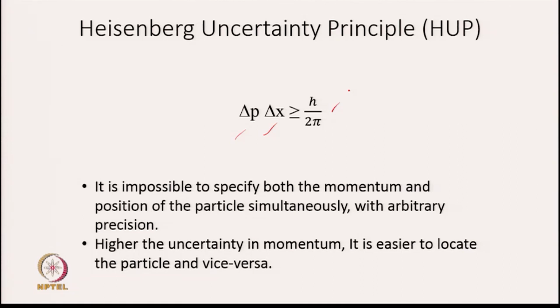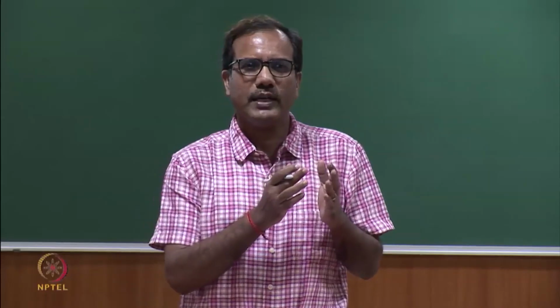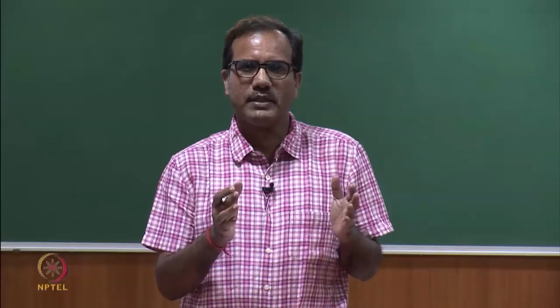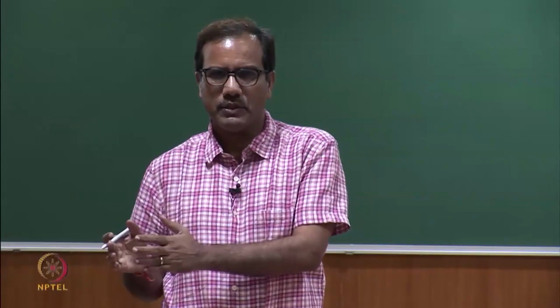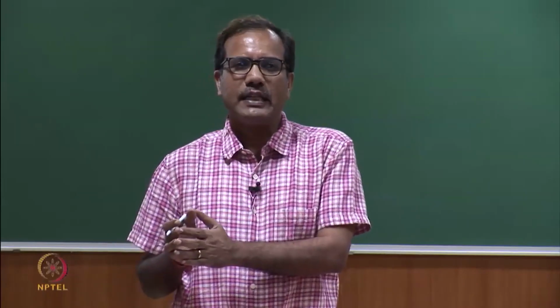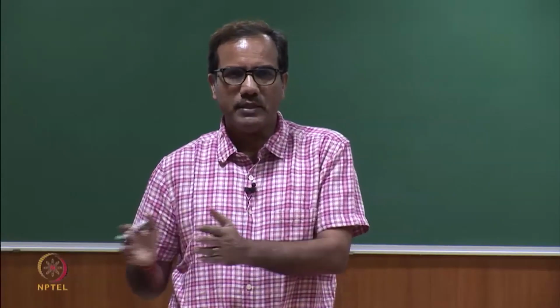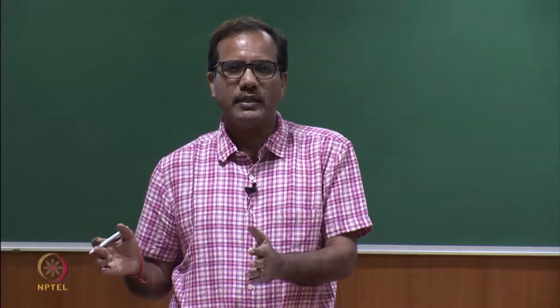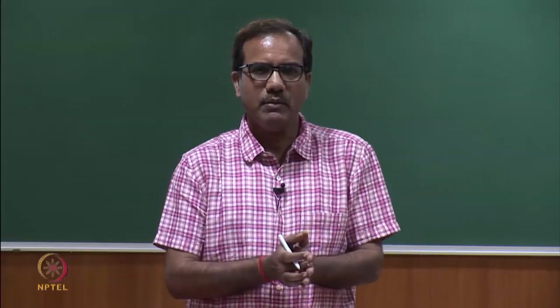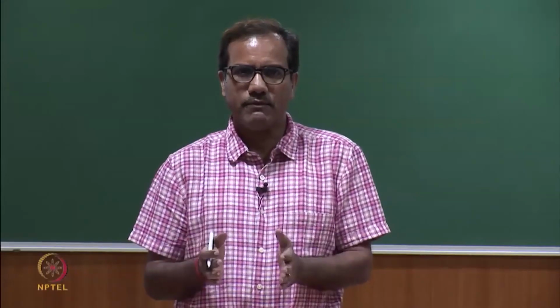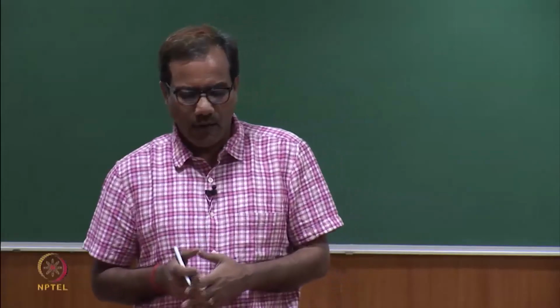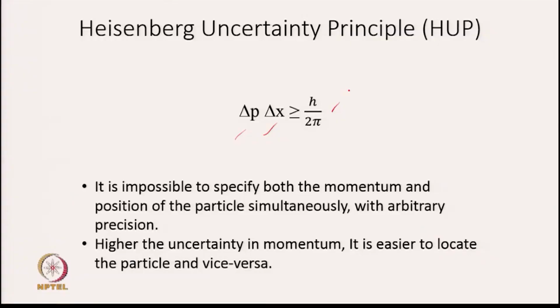If the spread in momentum is high, then you can tell the position of the particle. If there is a spread in position, then you can tell the momentum, but both p and x cannot be specified simultaneously. So, the higher the uncertainty in momentum, the easier it is to locate the particle, and vice versa.